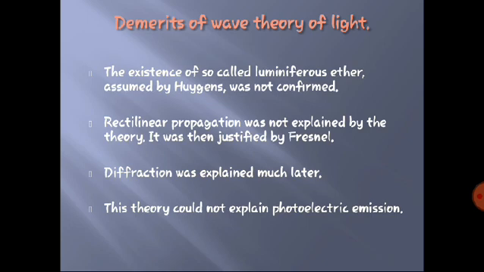And photoelectric emission is not there inside the theory. There is no single assumption related to photoelectric emission, so it comes under the demerit of the wave theory. Okay, so this is all about Huygens wave theory, merits and demerits of that theory.